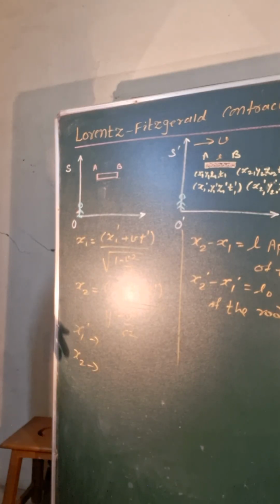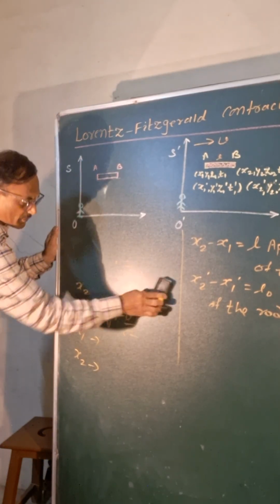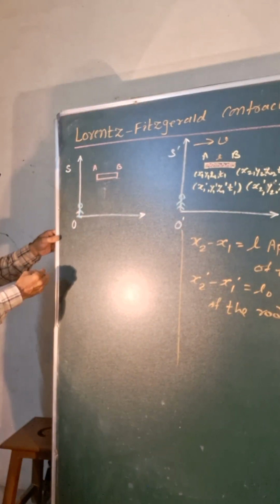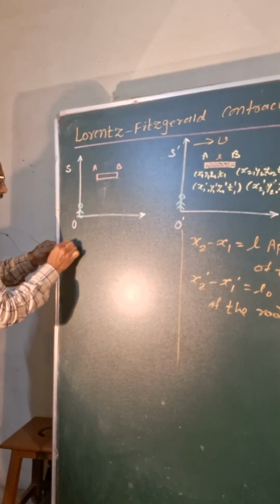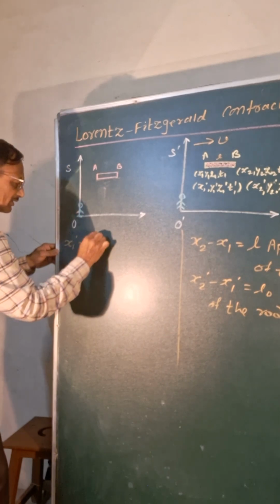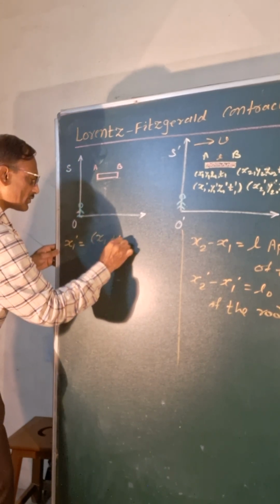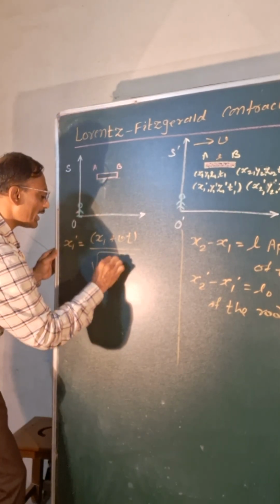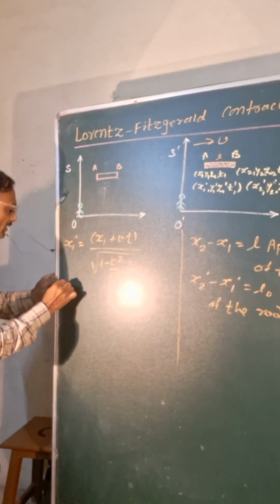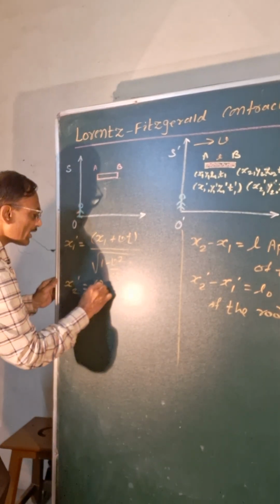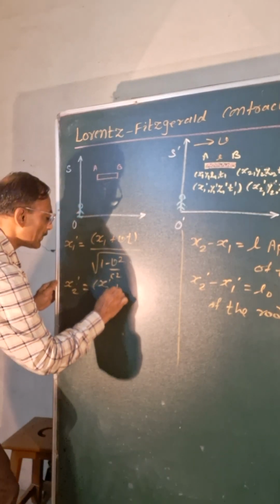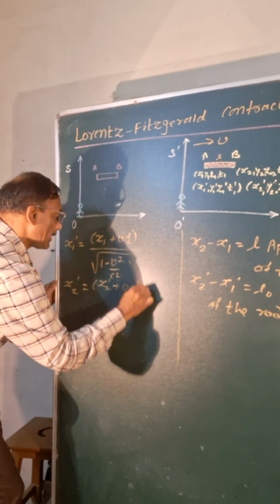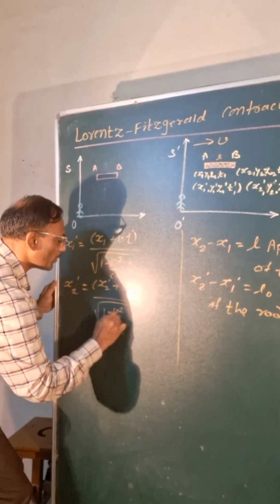Okay, now let us consider the two equations according to the Lorentz direct transformation relations, that is x1 dash is equal to x1 plus vt dash divided by under root 1 minus v square upon c square, and another coordinate x2 dash is equal to x2 plus vt dash divided by under root 1 minus v square upon c square.